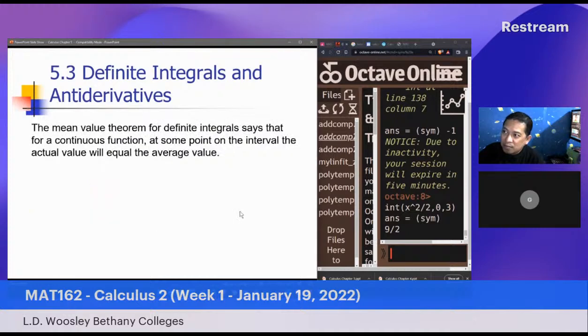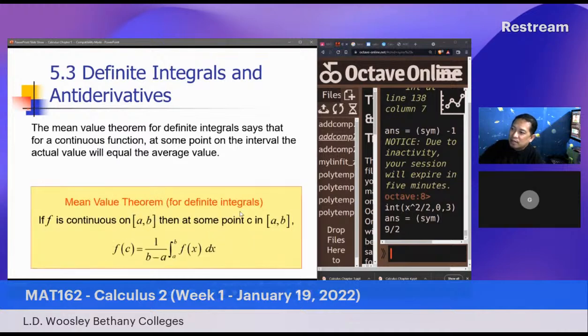Okay, the mean value theorem for integrals says that for a continuous function, at some point of an interval, the actual value will equal the average value. Yan.